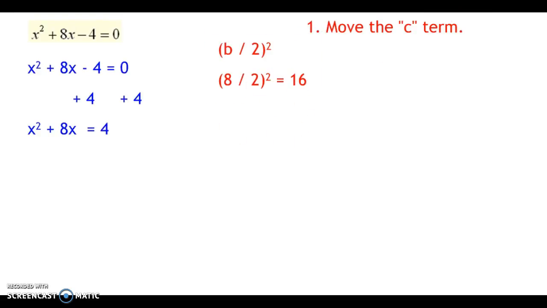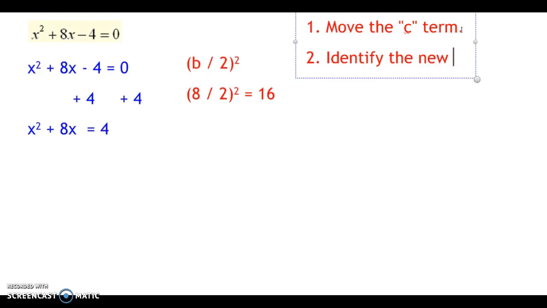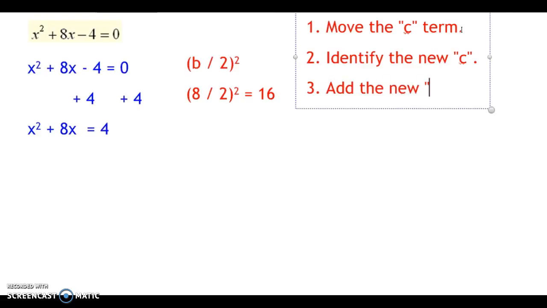Okay, so that is our next step. So the first step was to move the c term, and the second step is to identify the new c term. The third step is to install or add the new c term to both sides.